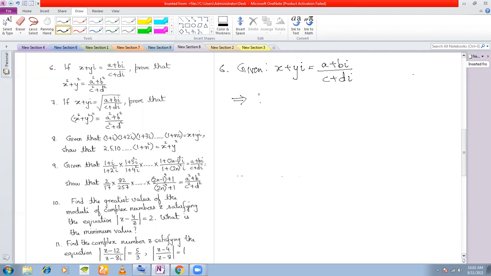You take mod on both sides. Now the mod of x plus yi will be the positive square root of x square plus y square. And here you can distribute the mod between the numerator and the denominator from the properties of modulus.